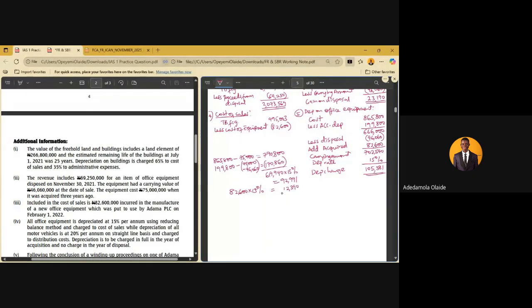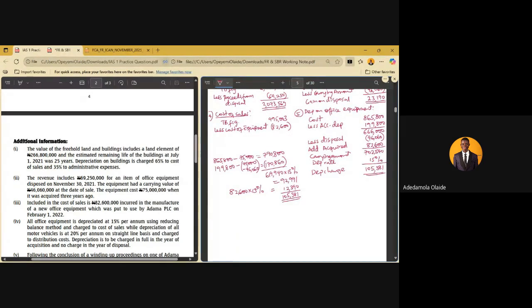So if you add it up, it will still be 105,381. But it is somehow easier this way because there is full year depreciation charge in the year of acquisition, none in the year of disposal.